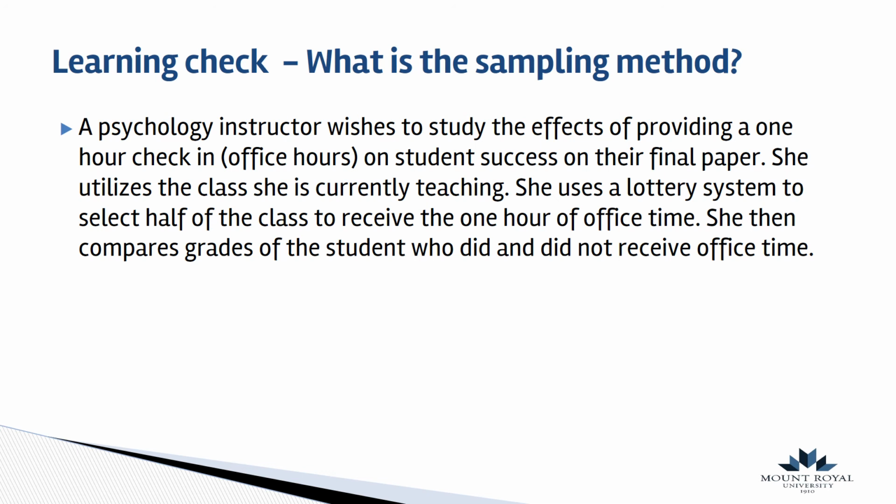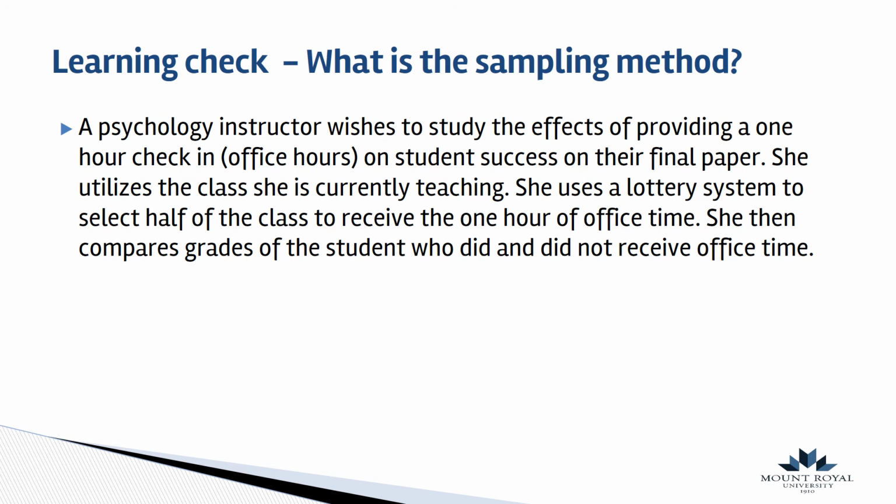So let's look at 3 different examples of sampling methods and see how you do. So I'd have you read the scenario and try and identify the sampling method. So the first one is, this was actually a study done at Mount Royal.